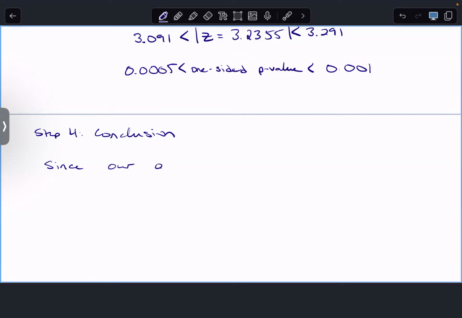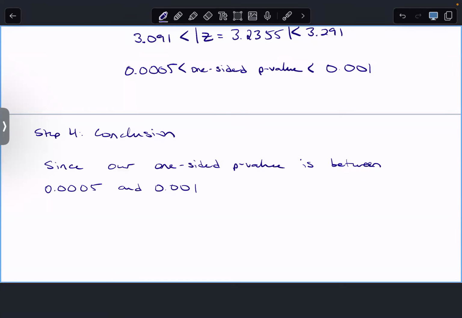Since our one-sided p-value is between 0.0005 and 0.001, that sounds excessive, but I do want to see all those parts.